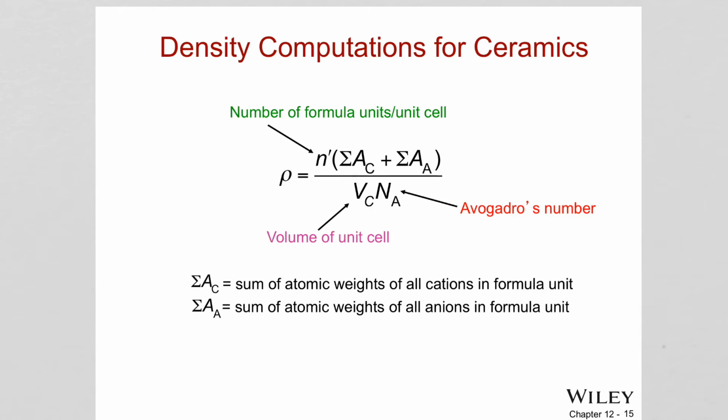N_A is Avogadro's number, and V_C is the volume of the unit cell. The sum of A_C is the sum of atomic weights of all cations in the formula unit, and the sum of A_A is the sum of atomic weights of all anions in the formula unit.